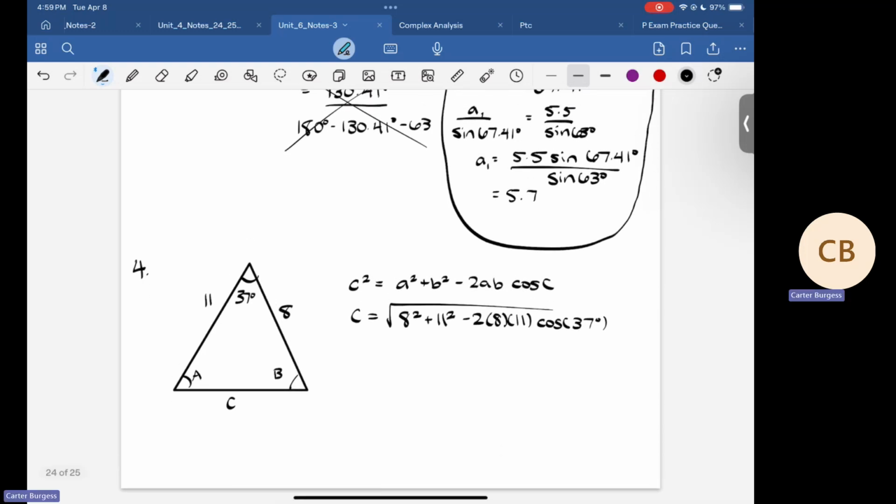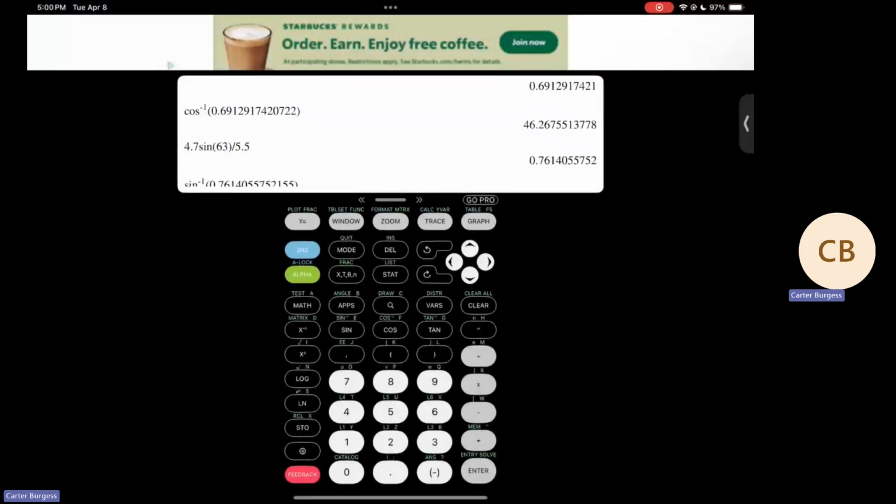Which, plug into your calculator. If you didn't have access to your calculator, that's obviously as far as you'd be able to go. But this is about 6.67, which is just from having done this earlier, right here.